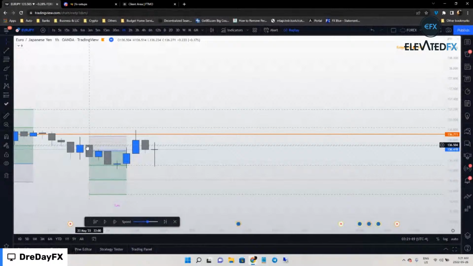If you look at that, once it was at 136.50, my actual stop loss, and the stop loss that was suggested by Enigma AI, is 136.66. So you're saving 16 pips. Okay, so that's a lot, right?